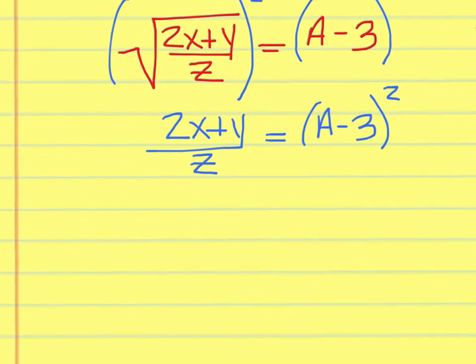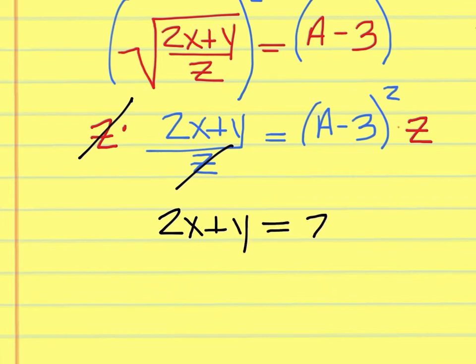To get rid of this z off of the bottom, even though that's what we're solving for, we have to get it off the bottom. You multiply the top and the bottom by z. Gone and gone. So you're left with 2x plus y equals z times the quantity squared of a minus 3.